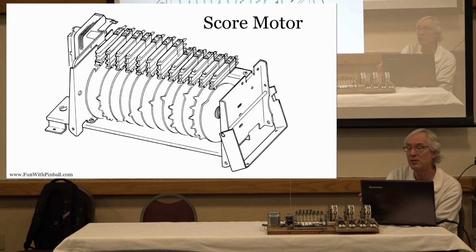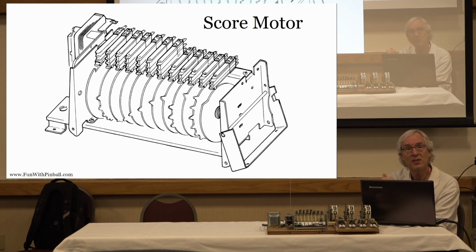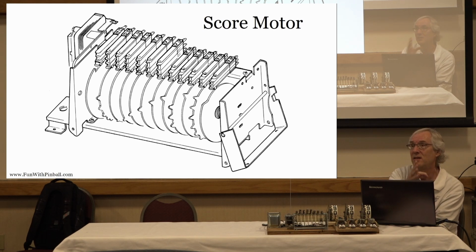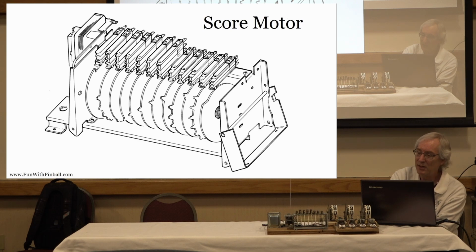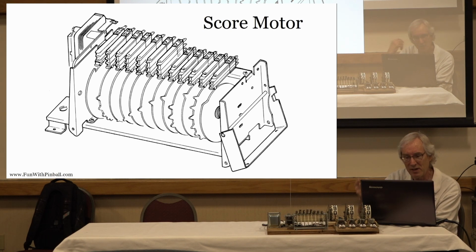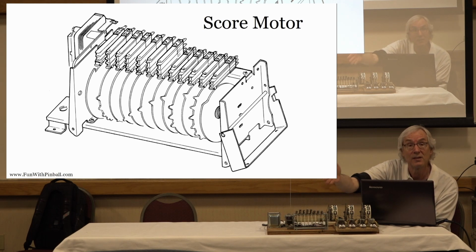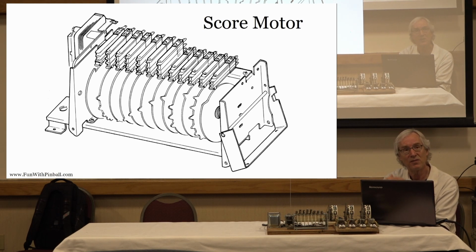Okay, that's one zero switch. It turns out there's another zero switch that talks to my reset relay. The reset relay needs to hear back from all of the individual score reels, and until it hears back from each one, it says, somebody out there still hasn't reset. So I'm going to try again and send it through one more cycle, and send it another 5 pulses, see if that'll get it to 0.